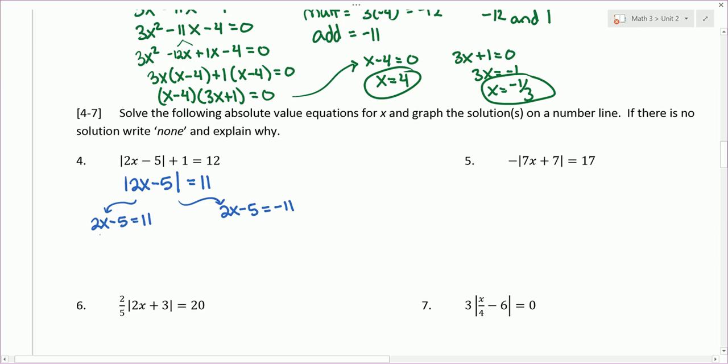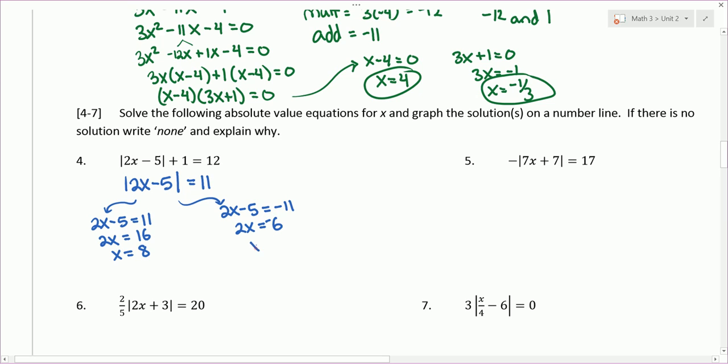Solving for x, we add 5 to both sides and divide by 2. So one of my solutions is x equals 8. On the second one, we add 5. Negative 11 plus 5 is negative 6.